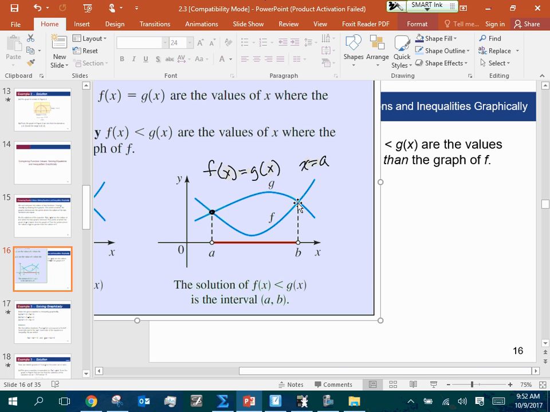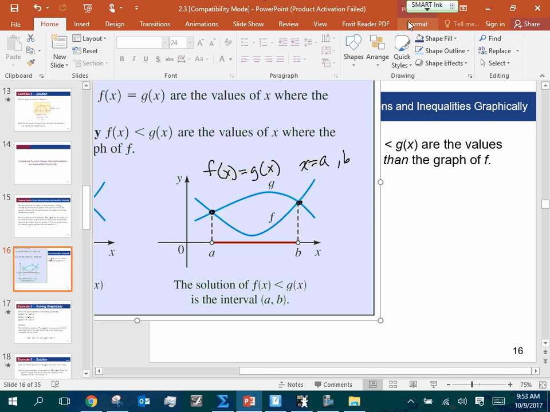The same thing over here at b, we would get f of b and g of b, and whatever those y values are, they would be identical, correct? If you know where the functions are equal, you automatically know where they're unequal. Unequal would be everywhere else, right?